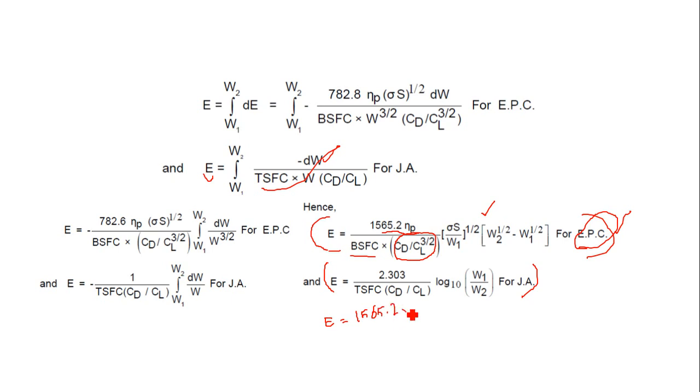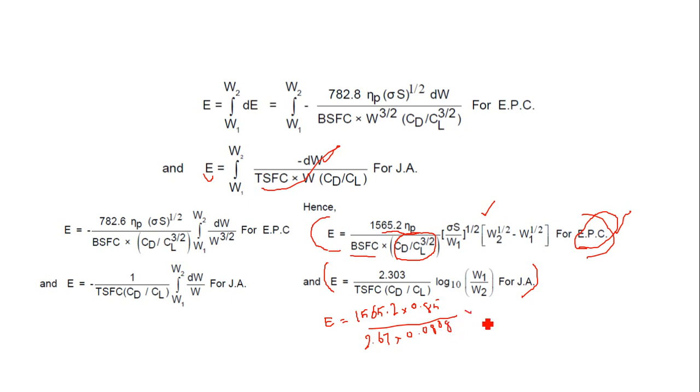E equal to 1565.2 into eta p, for eta p this is 0.85, divided by BSFC 2.67, into, for CD by CL power 3 by 2 we found the value 0.0808.